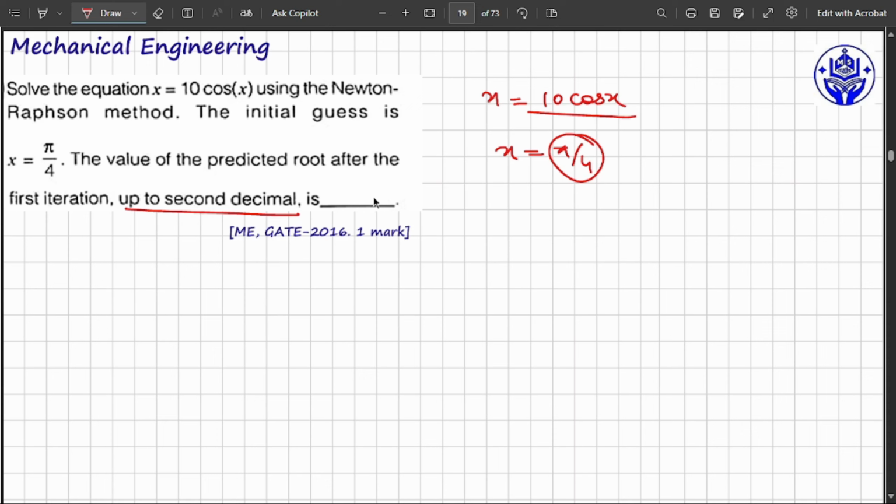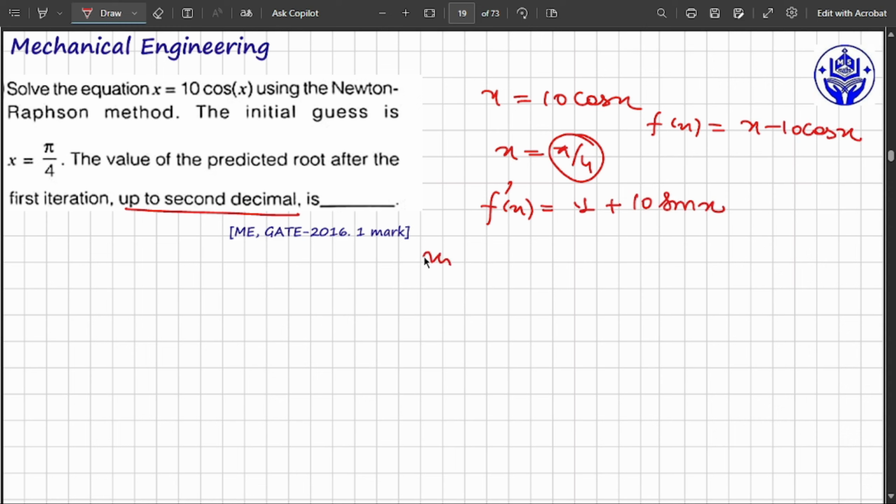Up to second decimal places you will have to get it correct. So f of x will be x minus tan cos of x, and f dash of x is basically 1 plus tan sine of x.